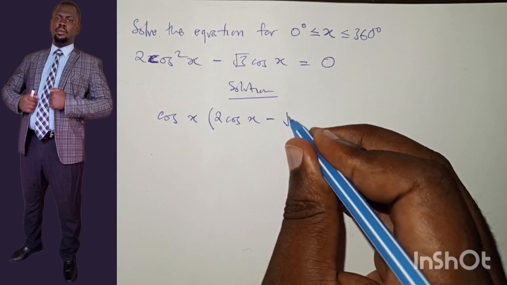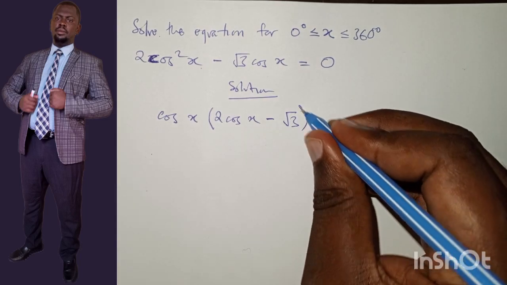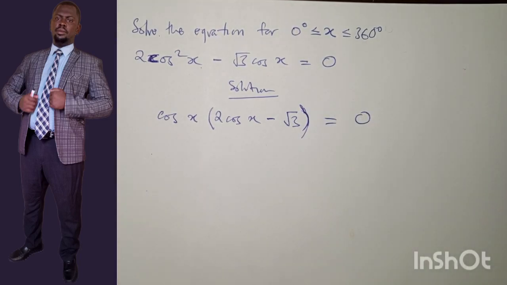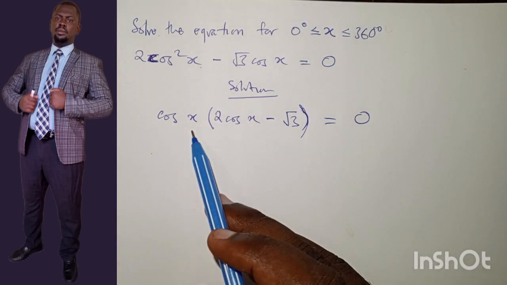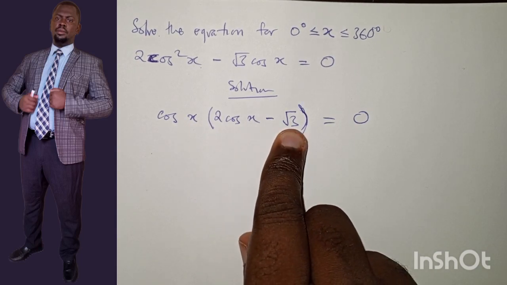So minus square root of 3. Then this is equal to 0. Then we know that here there is a product. We have cos x multiplied by 2 cos x minus square root of 3.